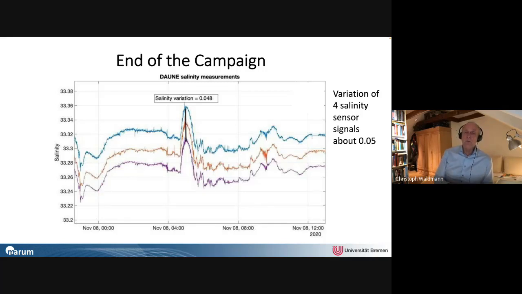I can tell you, we corrected for it. In other cases, it would even look worse. And I know there are some people who have brilliant skills to even deal with that and say, we can get this variation between the different sensors further down. Maybe, but this was not our aim.